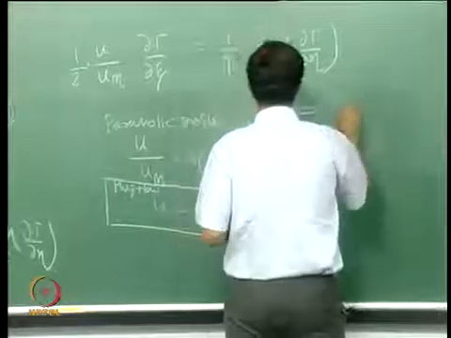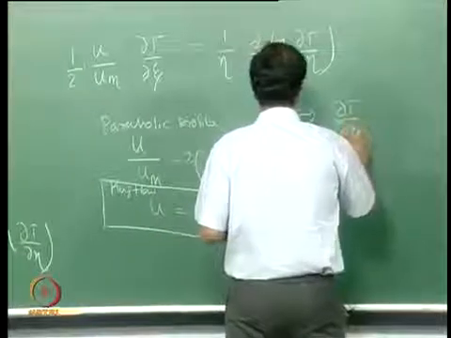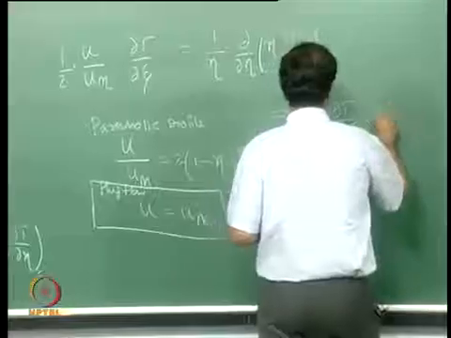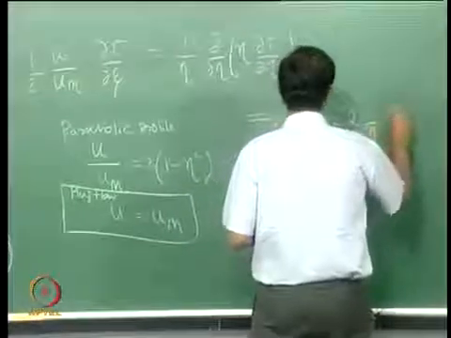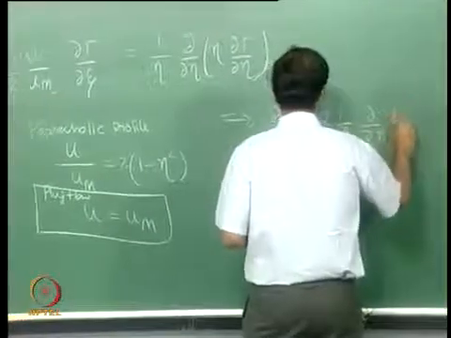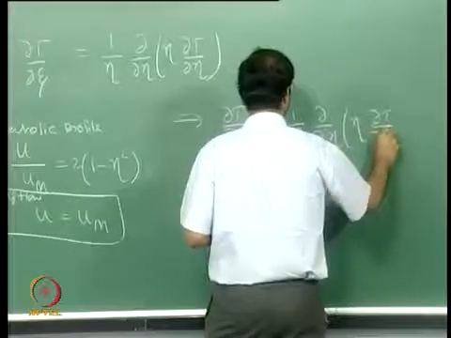Substituting this, you get dT/d zeta is equal to twice of 1 by eta d/d eta of eta dT/d eta.